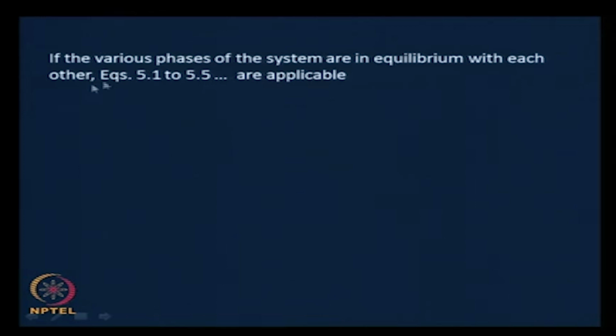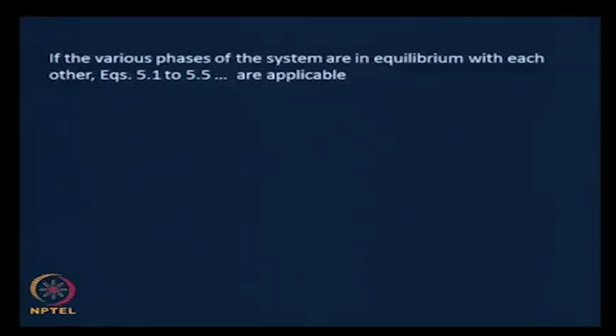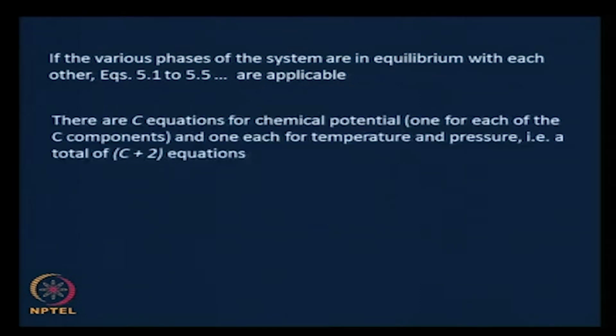If the various phases of the system are at equilibrium with each other, then the conditions of equilibrium can be applied. These are the equations: T alpha equals T beta and so on, P alpha equals P beta equals P gamma and so on, and the chemical potential of each component in each phase must be the same. There are C equations for chemical potential, one for each of the C components that are present.